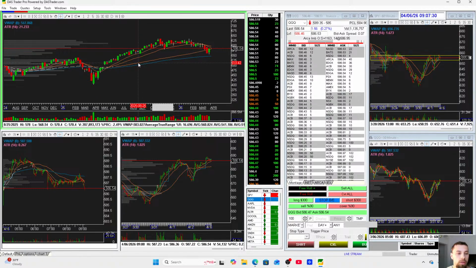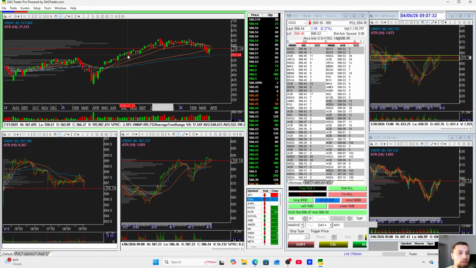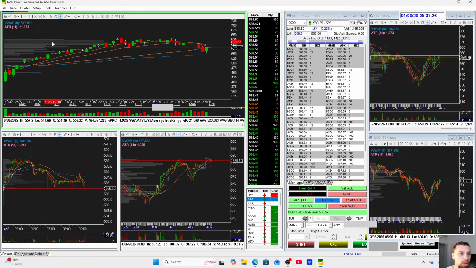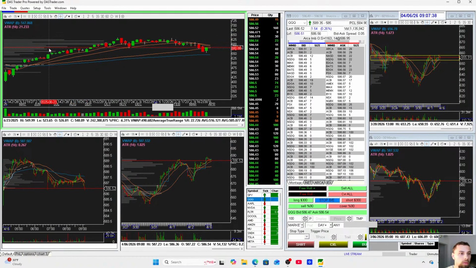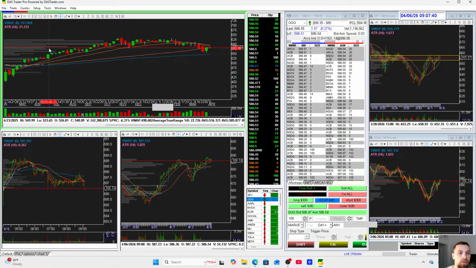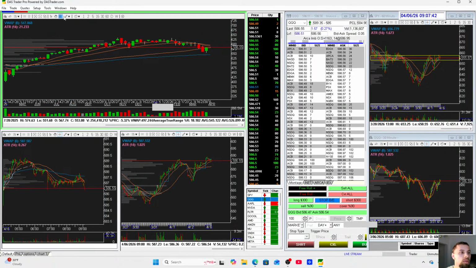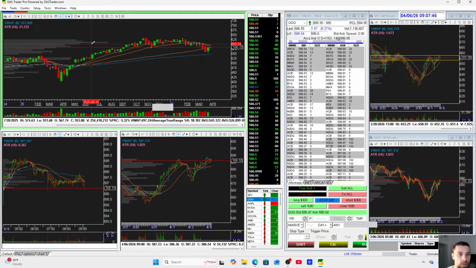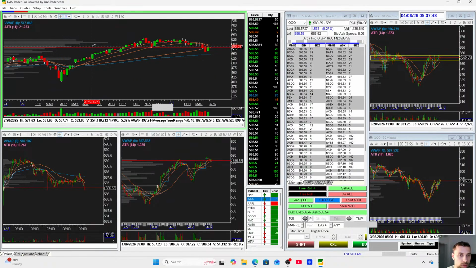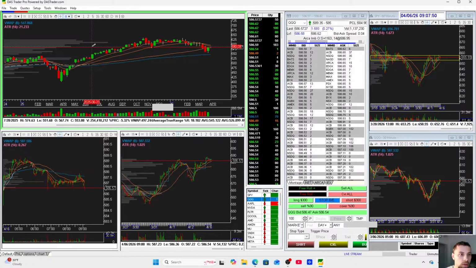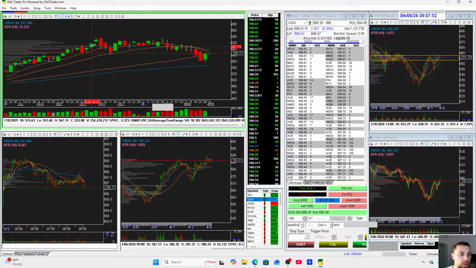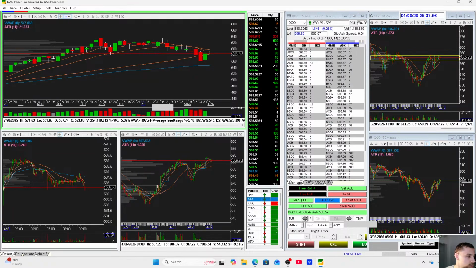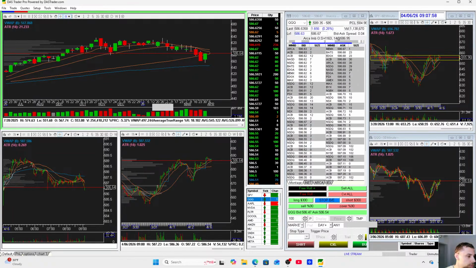Qs. Looking at the Qs here. Area of resistance or support. Let's see. Let's get the rectangle going. Let's see, just looking at my bigger monitor.